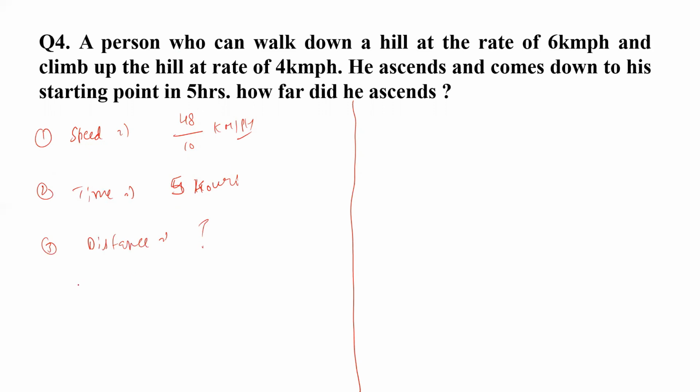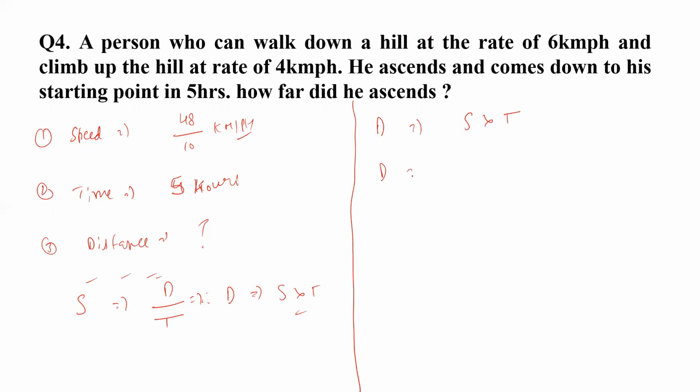So distance has to be found, and we know the formula for finding the speed is distance divided by time. And by converting this equation, we can easily say that distance should be equal to speed multiplied by time. So distance is equal to speed multiplied by time.